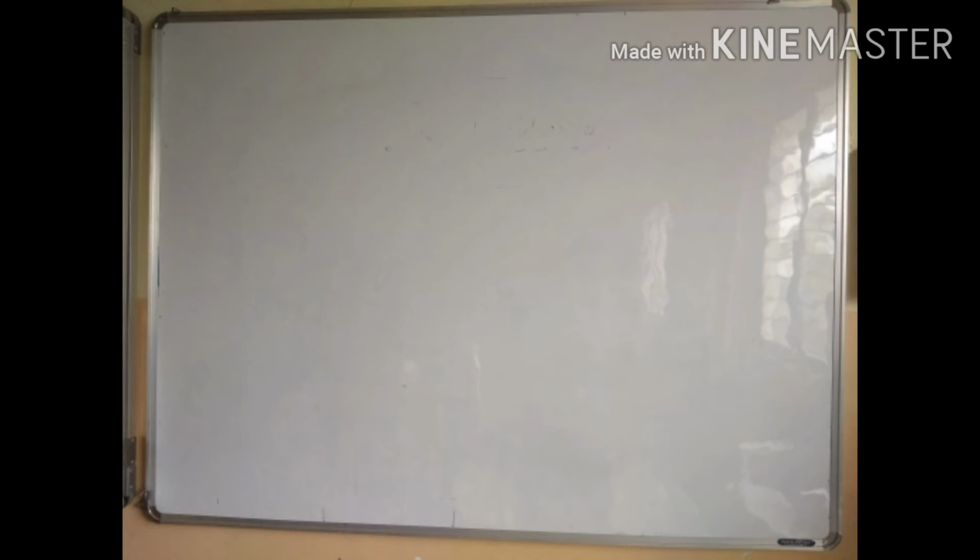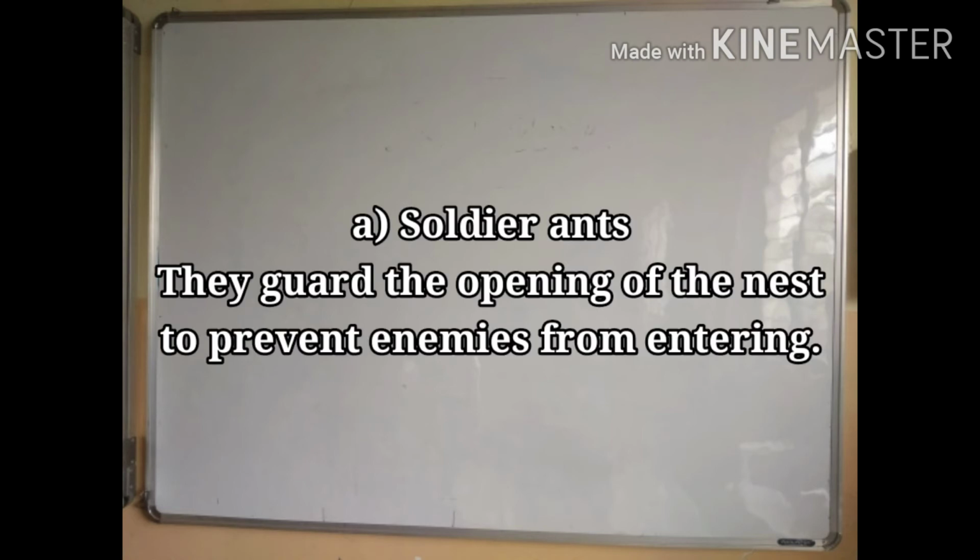First, A. Soldier ants. They guard the opening of the nest to prevent enemies from entering. They are always present at the opening of the nest. We have seen that nest, it is in the ground.